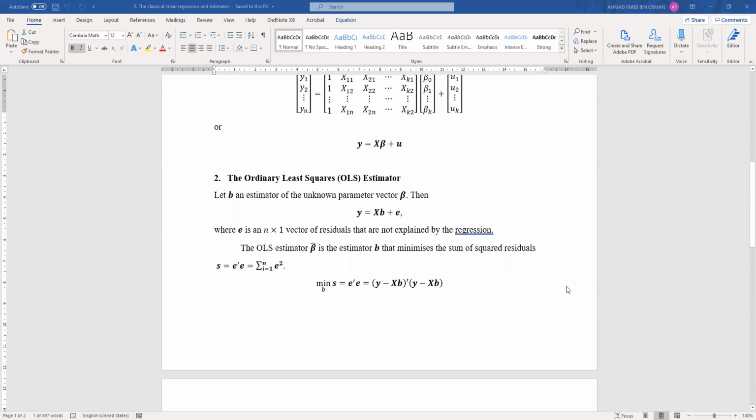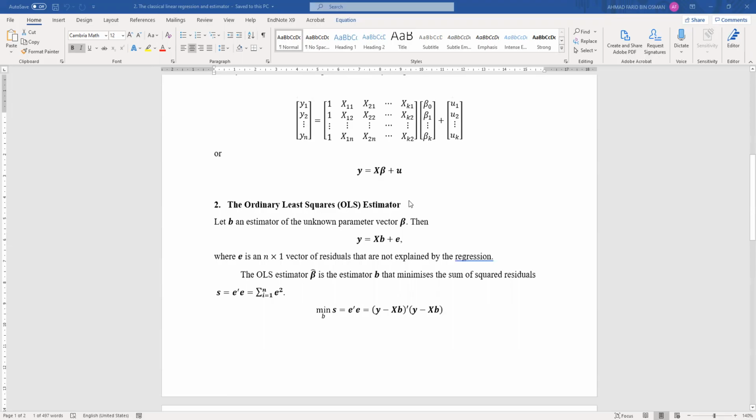Okay, previously I explained that we're going to use this method to estimate parameters, the ordinary least squares estimator, or OLS. So let b be an estimator of the unknown parameters. So these are unknown parameters, and let's say we have a vector for the estimate. We either use the symbol b, or we simply put beta with a hat on it, beta hat.